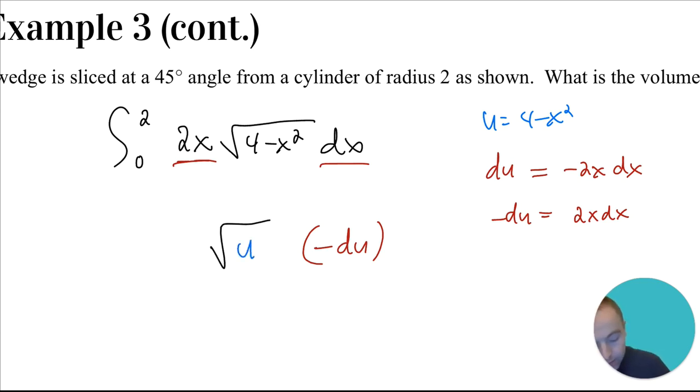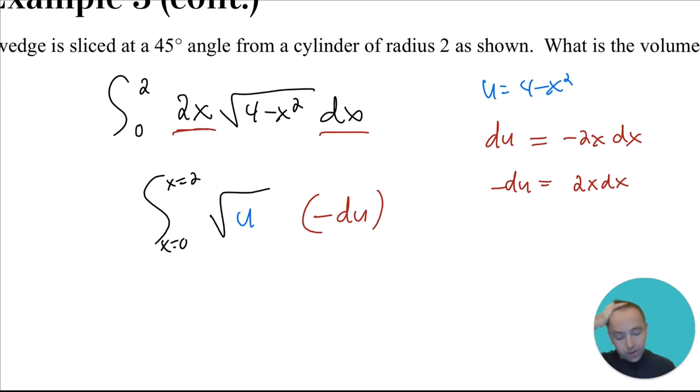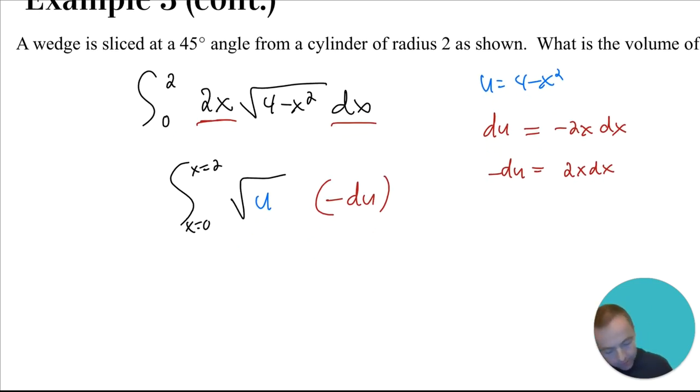So then this would be the same thing as integrating from x equals 0 to x equals 2. Your limits for u would change, but we'll keep it as 0 to 2 in terms of x, because I'll plug x back in eventually. So this is the same thing as negative integral from x equals 0 to x equals 2 of u to the 1/2 du.